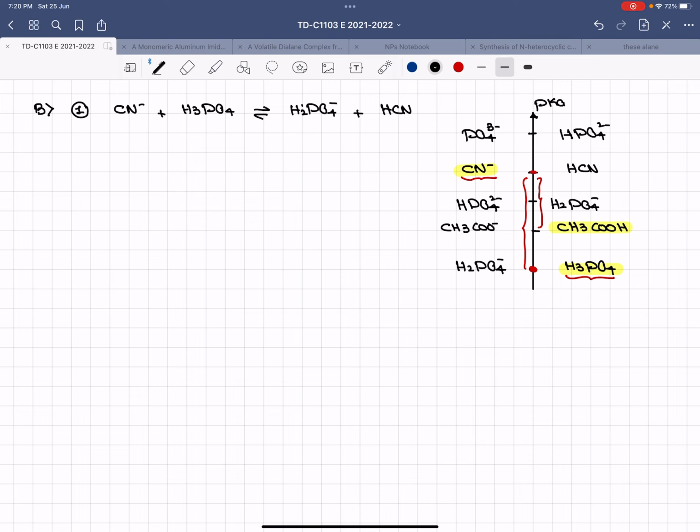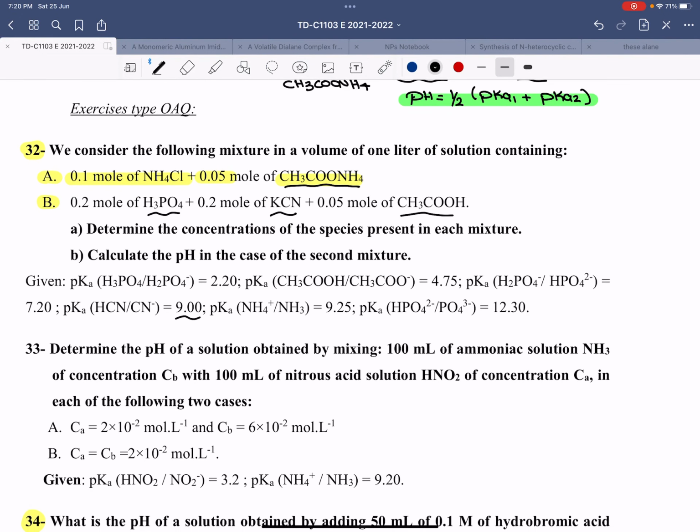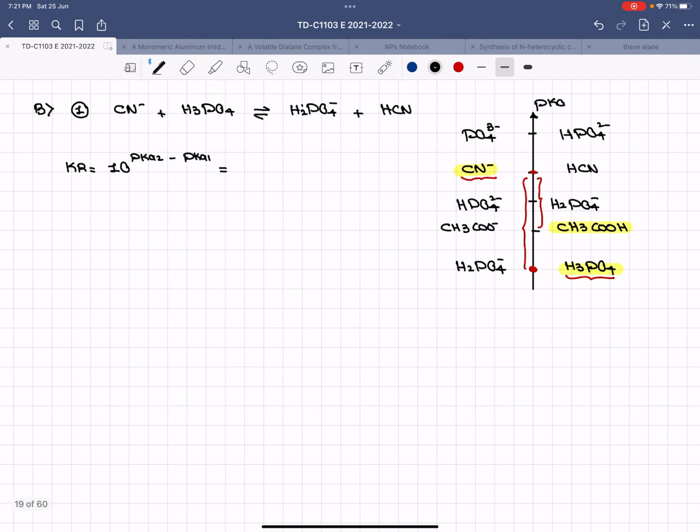The Kr of this will be, since it is along the gamma direction, the pKa of HCN, which is the larger pKa2, minus the smaller pKa1 of H3PO4. Now pKa HCN is given as 9 minus 2.2. So 10 to the power 9 minus 2.2, which is basically 6.8.